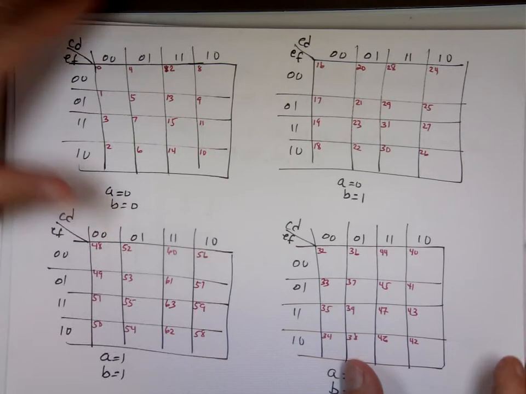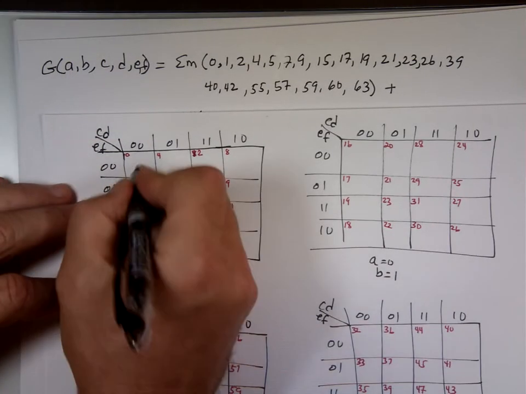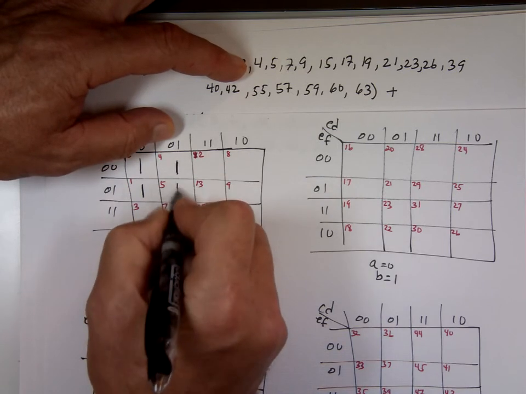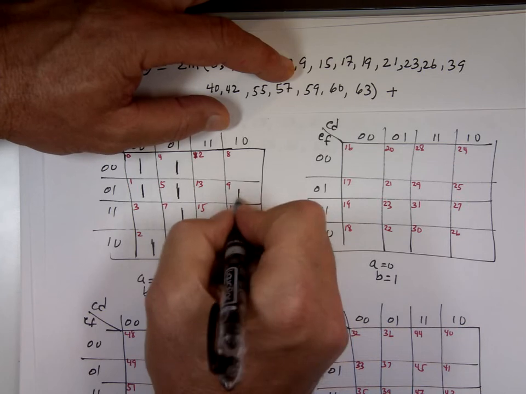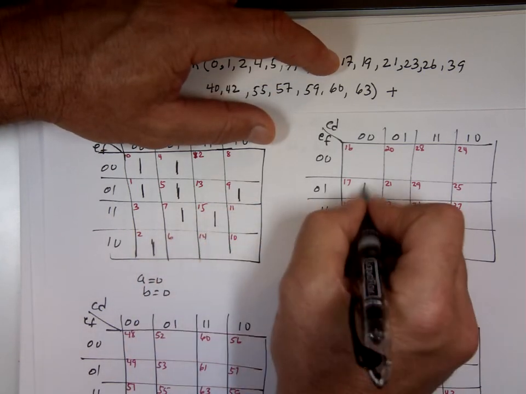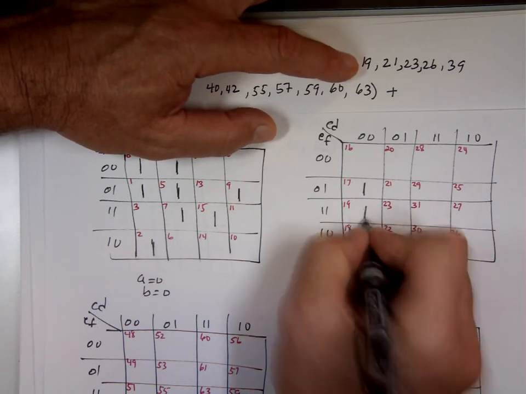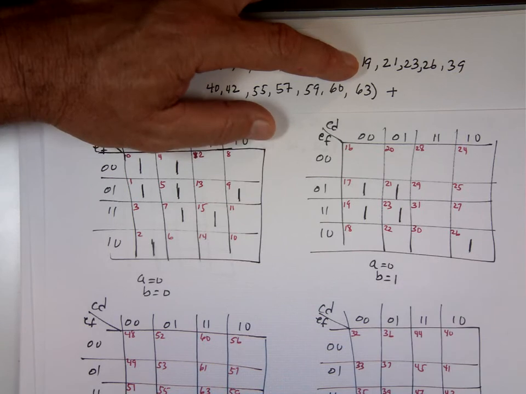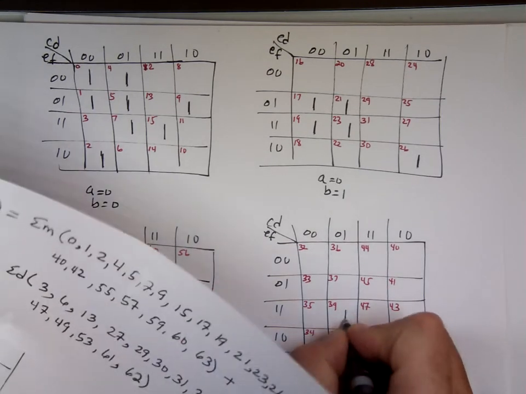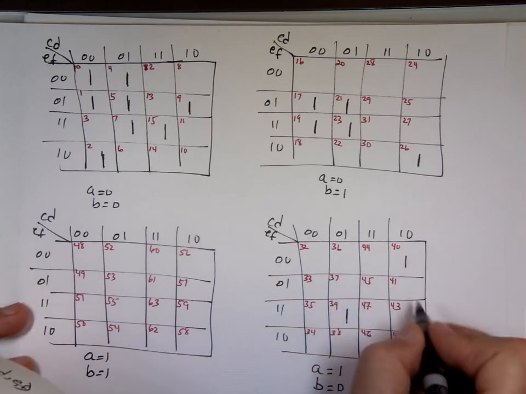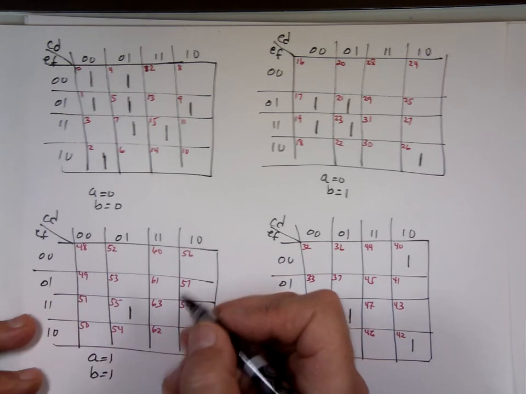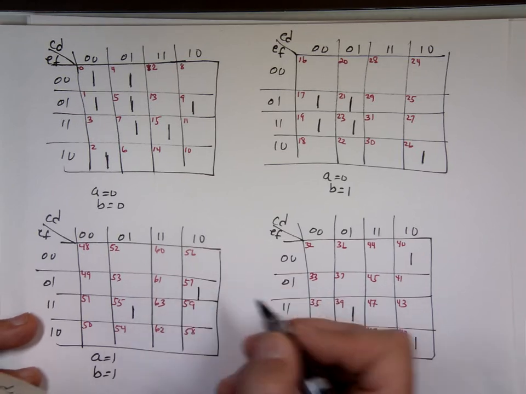So we have a value of 1 at 0, 1, 2, 4, 5, 7, 9, 15, 17, 19, 21, 23, 26, 39, 40, 42, 55, 57, 59, 60, and 63.